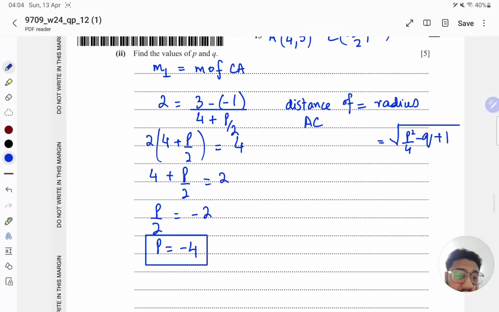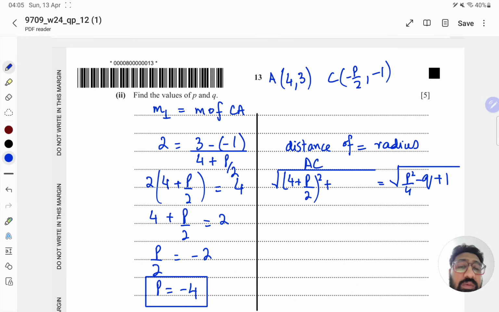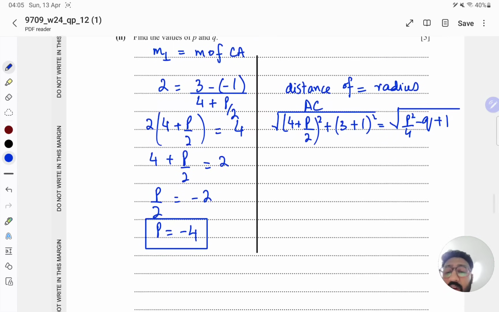Yes. And the distance of AC formula is the square root of x2 minus x1, which will be 4 minus, which will turn into plus, x2 minus x1 whole square plus y2 minus y1 whole square, which is 3 plus 1 whole square. We already have the value for p, we will substitute it here.